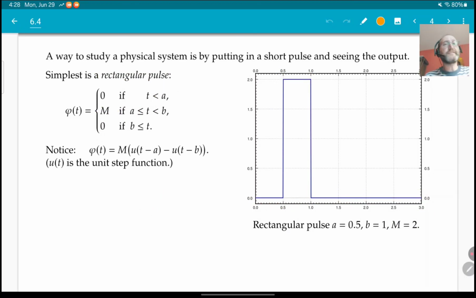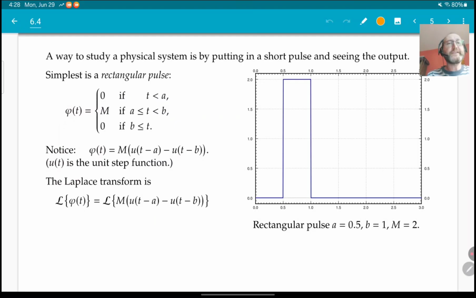Now we can write this function phi, this pulse, using the unit step function. The step function is just a function that's 0 until the origin, and then it's 1 further on. That's the Heaviside function, which we denote by u. The reason we write it this way is so that we can apply the Laplace transform in an easy way.